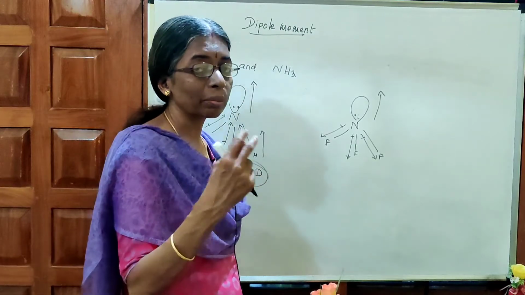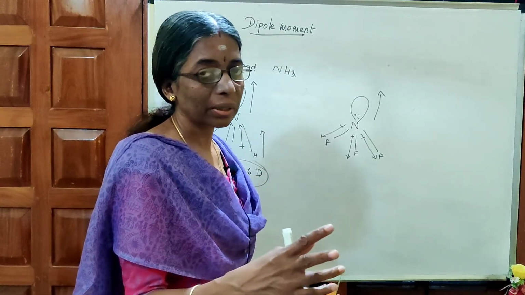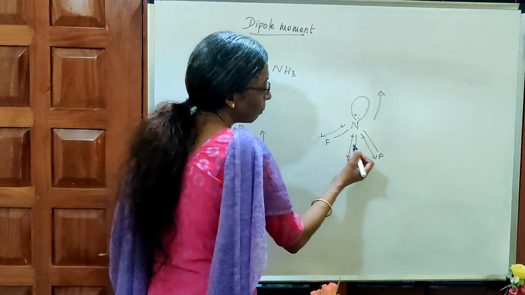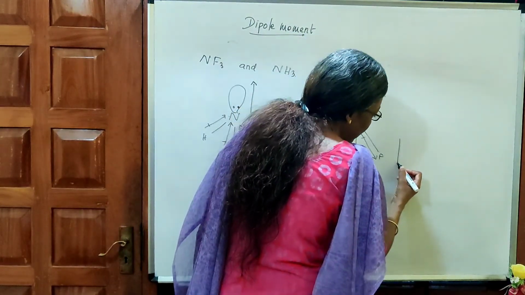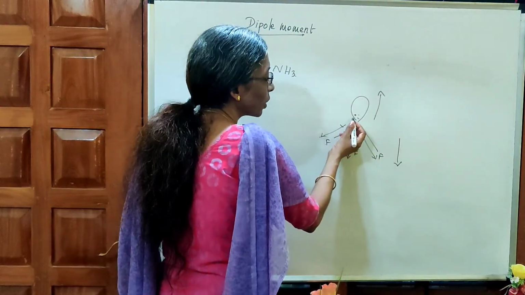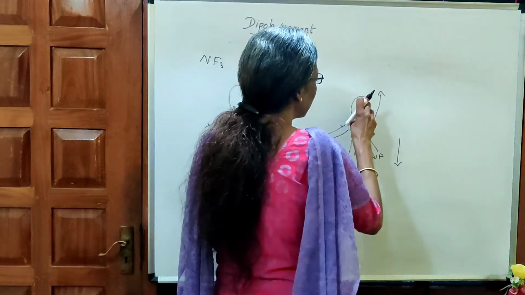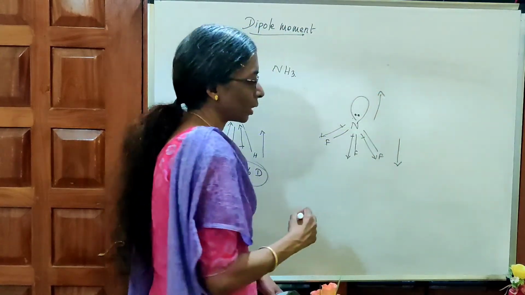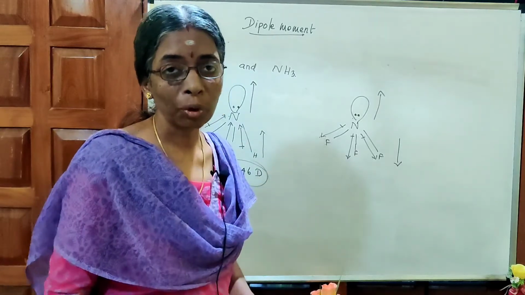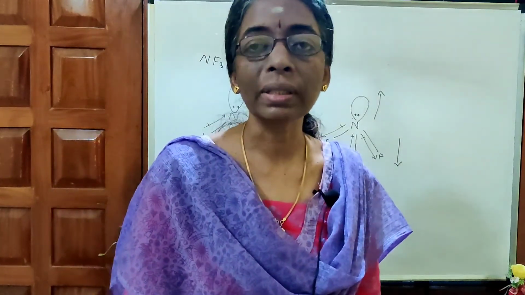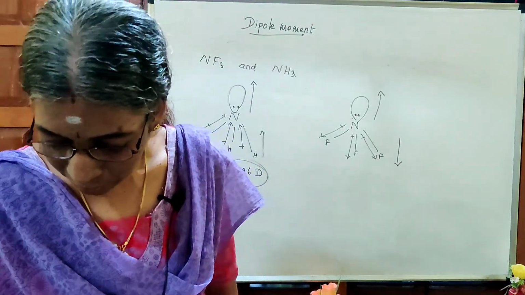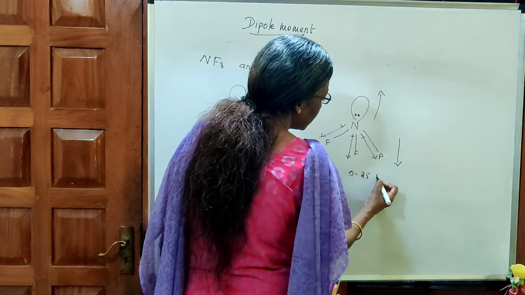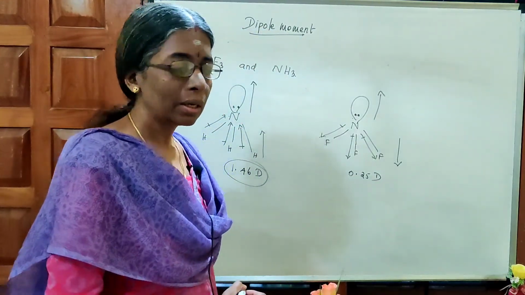You know, fluorine is more electronegative than nitrogen, so the cross arrow comes in this direction. The bond dipoles of the NF bonds are in this direction. The dipole of the lone pair, only one pair here, is in the opposite direction. As a result, the net or resultant dipole moment is lesser. So what is the value? The net dipole moment is 0.25 D. Is it clear?